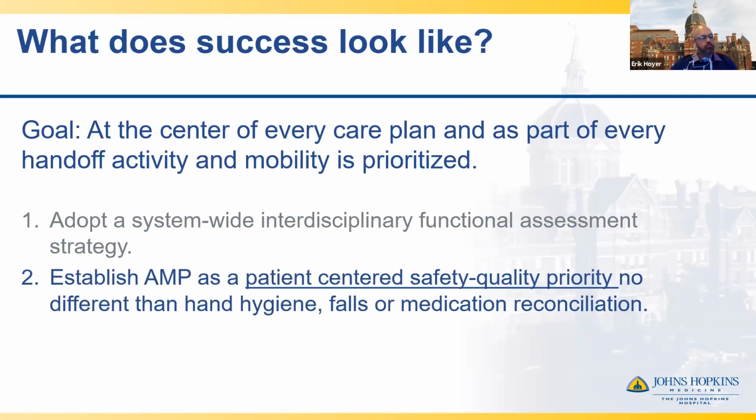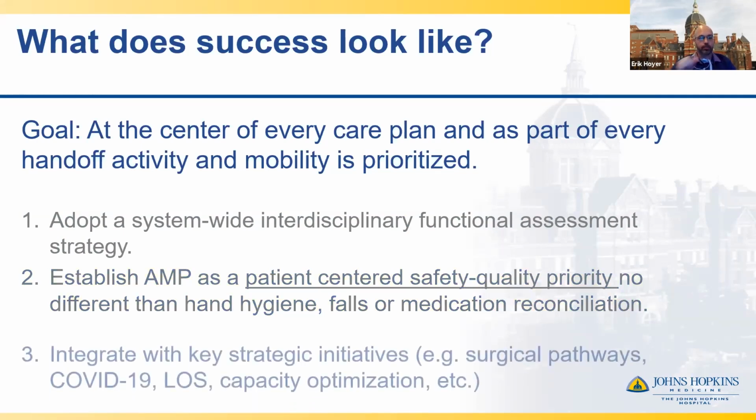We really want these tools and AMP, these initiatives, to be a patient-centered safety and quality priority, no different than these other types of harms that we often hear about, like hand hygiene or medication reconciliation.